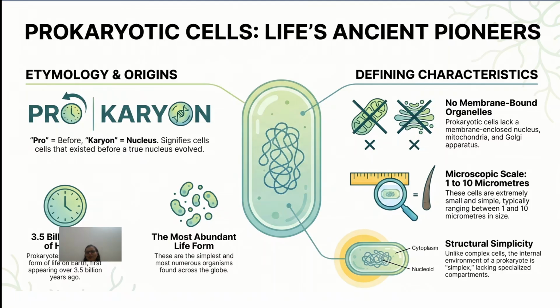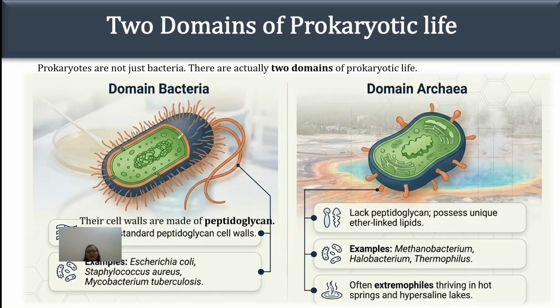It is microscopic, with a size of 1 to 10 micrometers. These are the smallest, simplest cells. The structure is very simple, with no complex organelles present. Specialized organelles are absent. So this is what prokaryotic cells are.